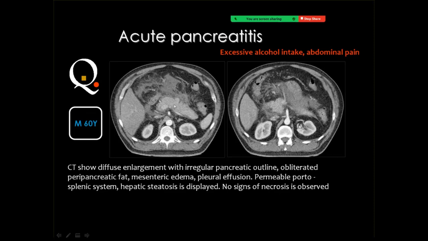And you see that the pancreas is swollen and there is some fluid, free fluid, in the area around the pancreas without a pseudocyst formation or something like this. And this is an important diagnosis, of course, because it's frequently seen in the clinical practice, and you should not miss a case of acute pancreatitis in the daily work.